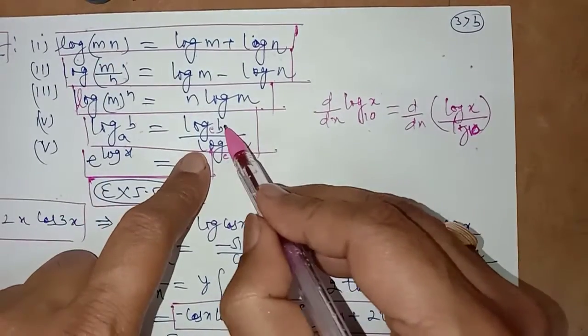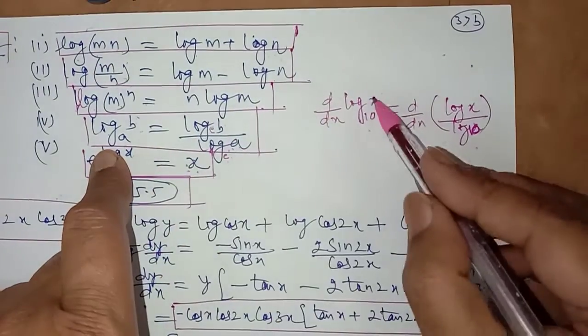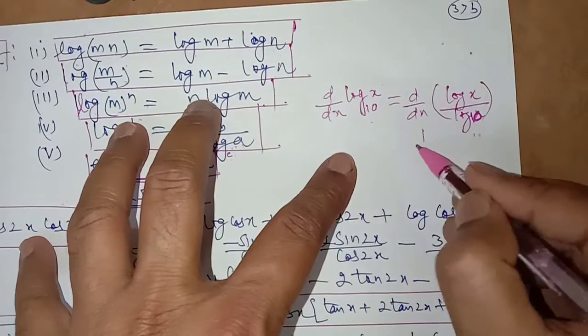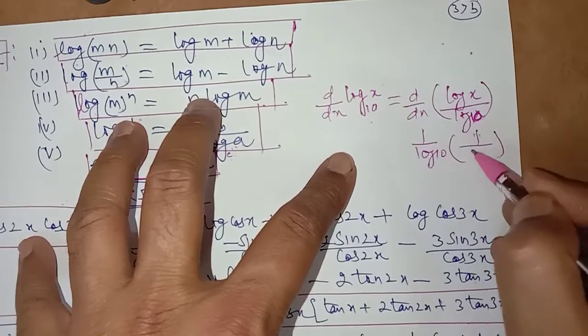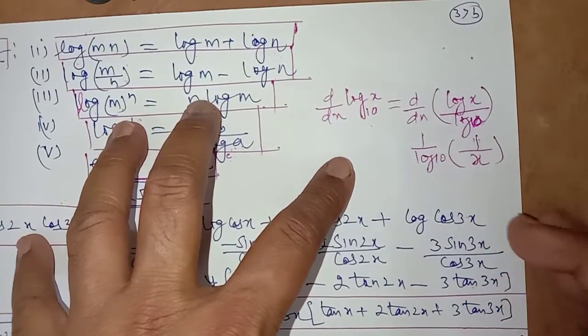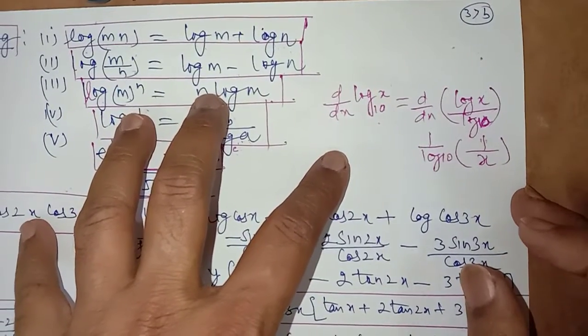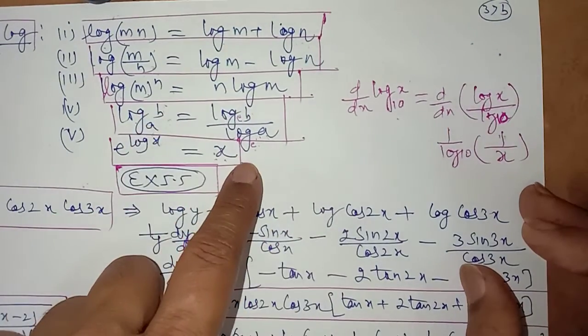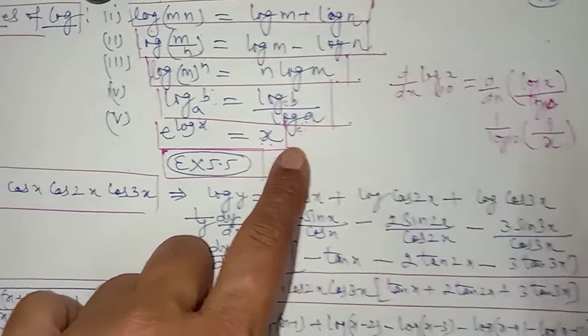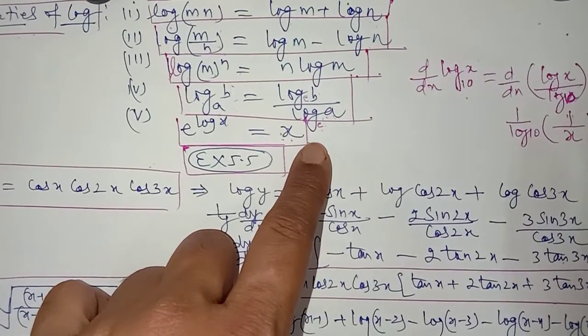You have used the property log b upon log a. Now you can differentiate. 1 upon log 10 is a scalar here, and the derivative of log x is 1 upon x. This is known as differentiating by breaking the base, or the change of base property of logarithms. We must know it.